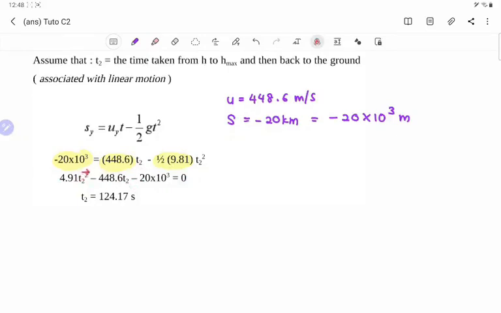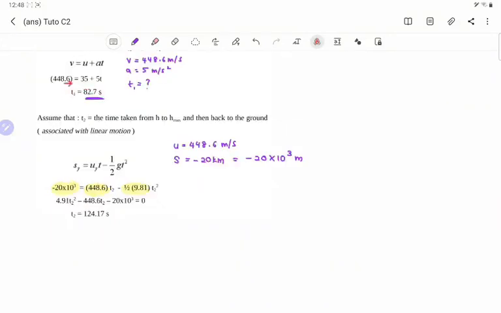So, ada kuasa 2. Here you can directly insert the value into your calculator, then you will get two answers. One is positive 124.17 second, another one is negative 32.8. Okay, usually the right answer is positive lah, negative tu you can ignore. So that we have got t1 and t2, the time of flight is the summation of these two. Tambah saja, that is the time of flight.